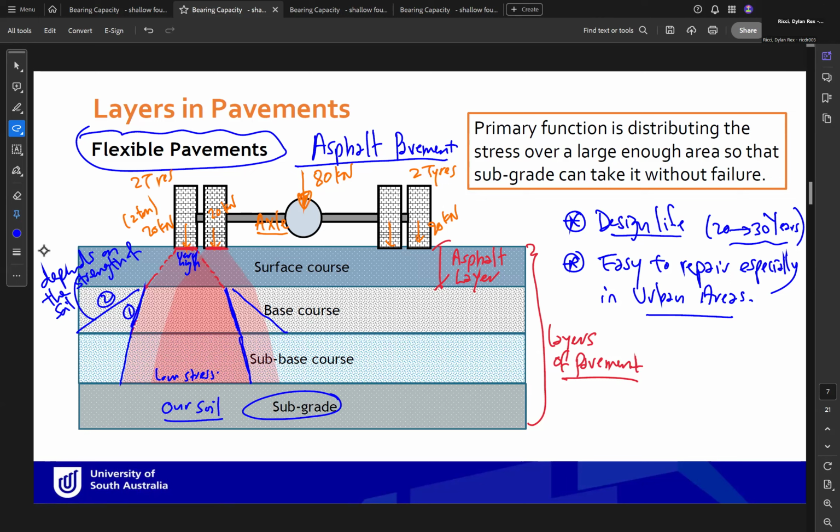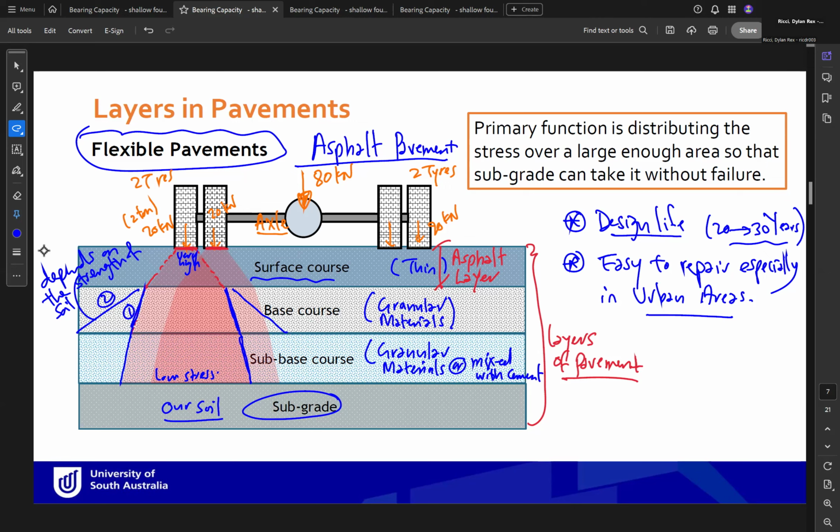The layers we have again: surface course can be the asphalt layer, which is usually a thin layer, and then we have the base course layer, which is usually from granular materials. And sub-base course also can be from granular materials or mixed with cement.